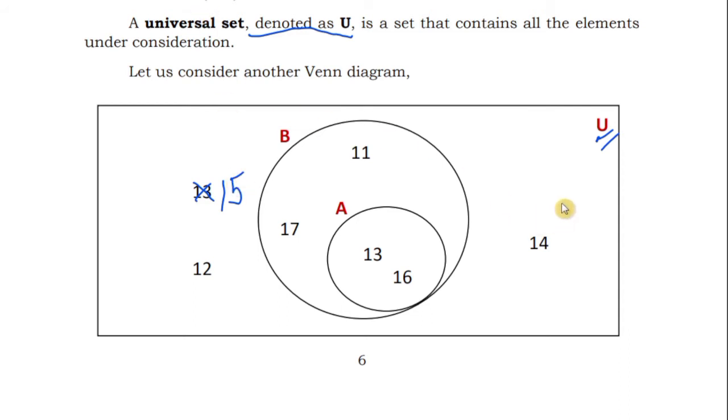Okay, so let's proceed. In this given example of the Venn diagram, we have set B having another set, A, inside of it. So what does it mean? It means that all the elements in set A are also elements in set B. Then both set A and B belong to the universal set.